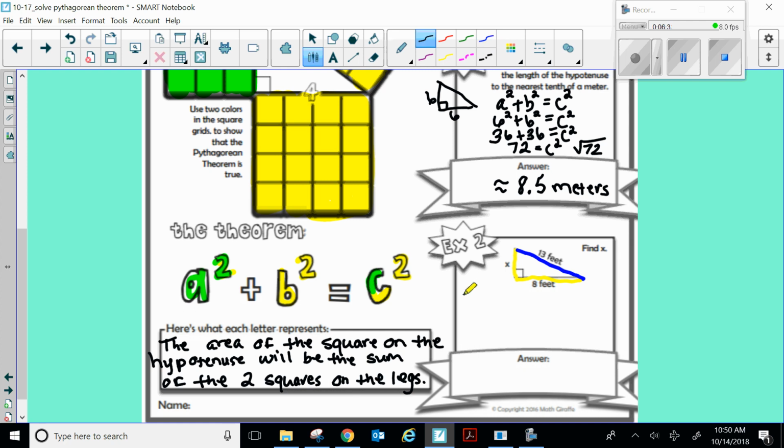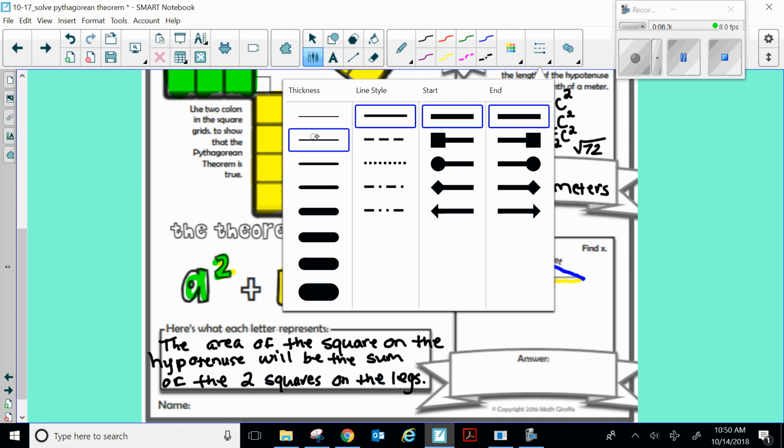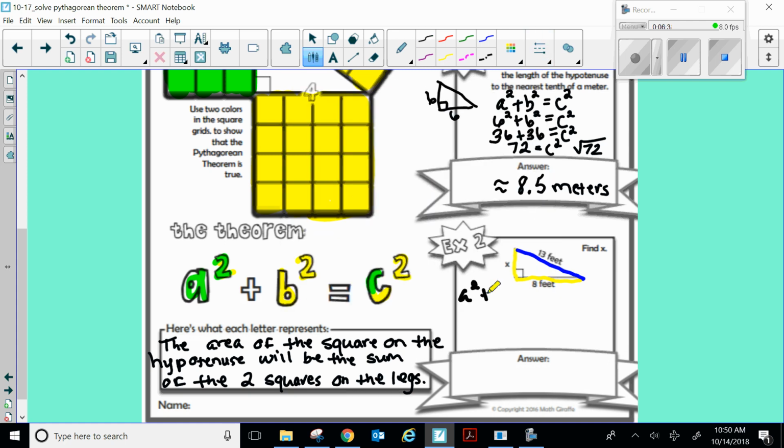So I still know that a squared plus b squared will give me c squared. So I'm going to do 8 squared plus b squared, and that's going to give me 13 squared. So 8 squared is 64.